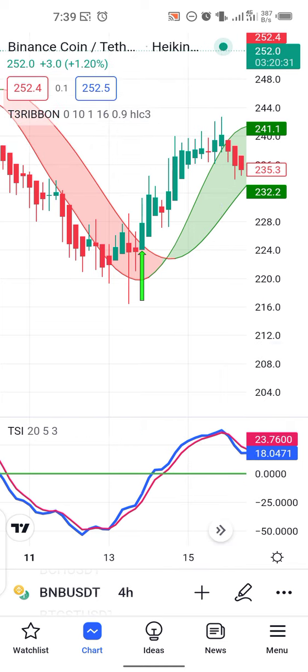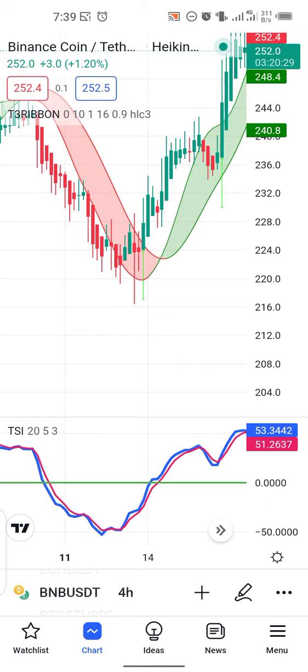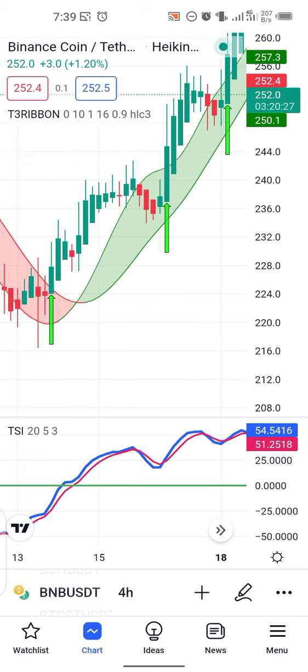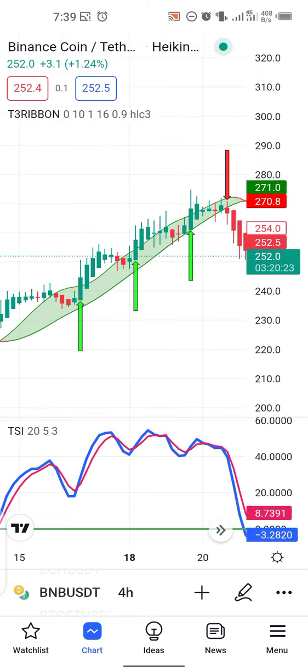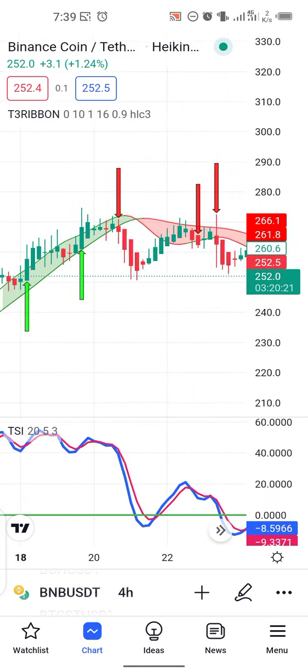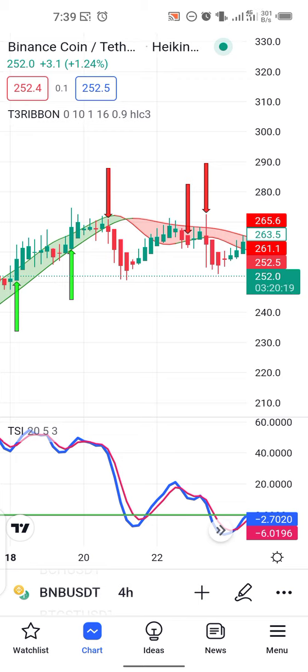So basically on our screen now, we have our two indicators, the true strength indicator and the T3 ribbon.